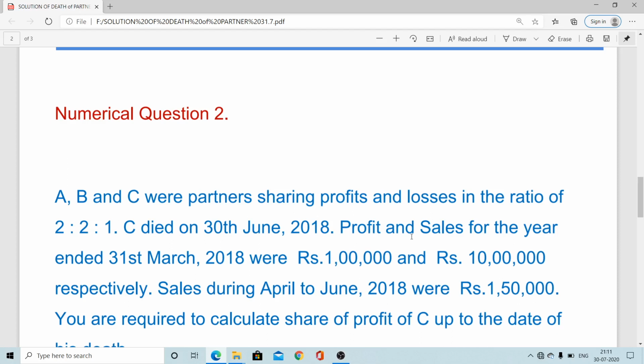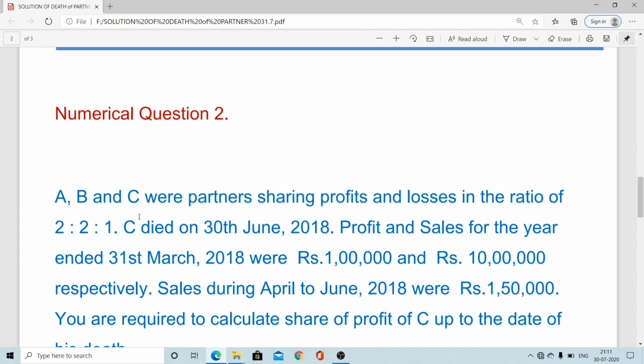Profit and sales are given for the year ending 31st March 2018. So from here you have to understand that the year is April to March. The previous year's profit was 1 lakh when sales were 10 lakh. So after 31st March, April, May, June, after 3 months she died.